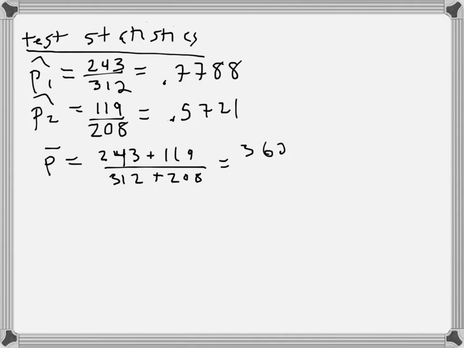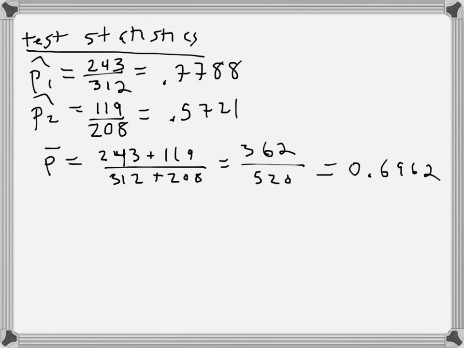That's 362 over 312 plus 208 is 520. So total in my sample, I got a total of 0.696. That's 0.6962 after rounding it appropriately.